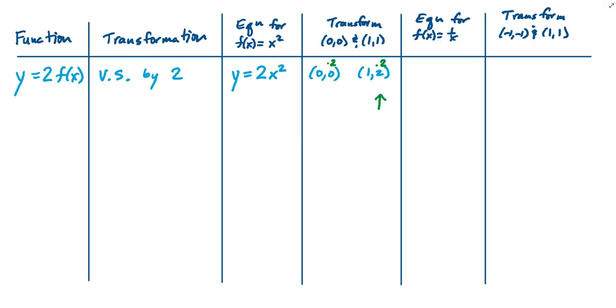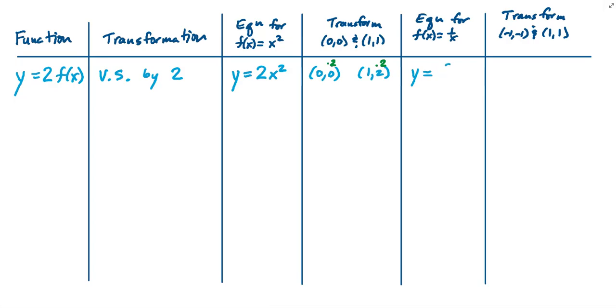All right, well now, what about with f of x equals 1 over x, the reciprocal function? First of all, what would that equation look like? Well, our function y equals 2f of x is saying whatever f of x is gets multiplied by 2. So a reciprocal function that's having a vertical stretch by a factor of 2 would be y equals 2 times 1 over x.